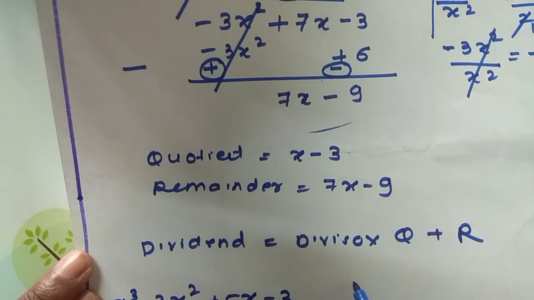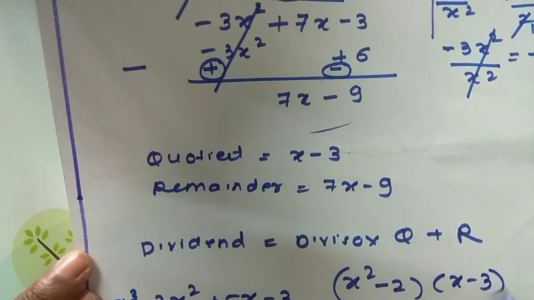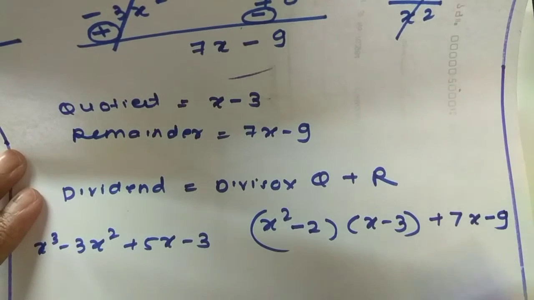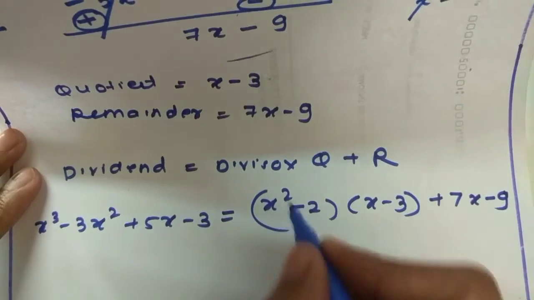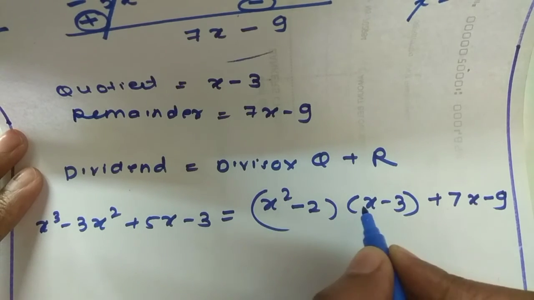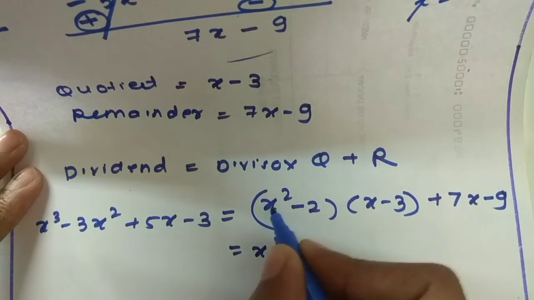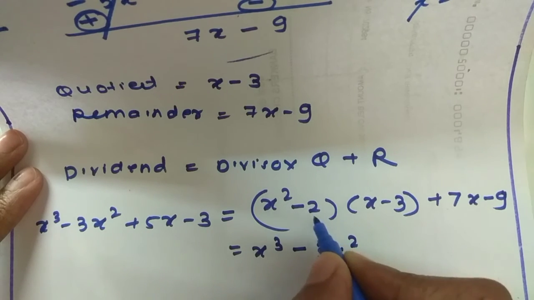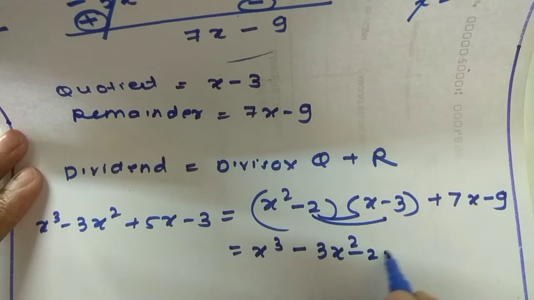Our divisor is x square minus 2, into the quotient x minus 3, plus the remainder. Let us check whether it is equal or not. Each term of the first bracket you have to multiply with this. So x square into x is x cube. X square into minus 3 is minus 3x square. Now multiply the minus 2 with both: minus 2x, minus 2 into minus 3 is plus 6, plus 7x minus 9.